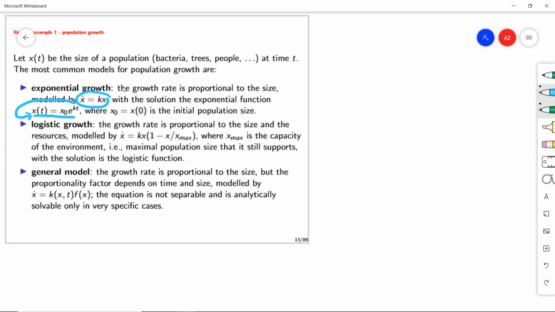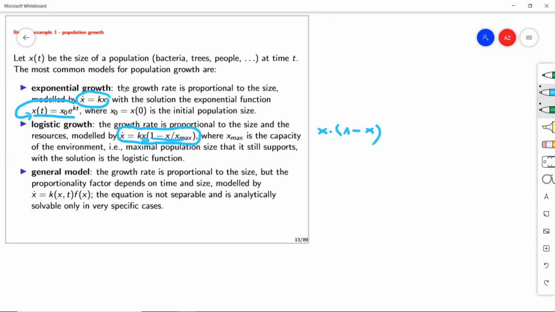Then the logistic model. So this second example we've just seen is the logistic model. In the logistic model, the rate of change of the current quantity is not proportional only to the current size, but also to the capacity of the environment. So we have this factor x times 1 minus x.